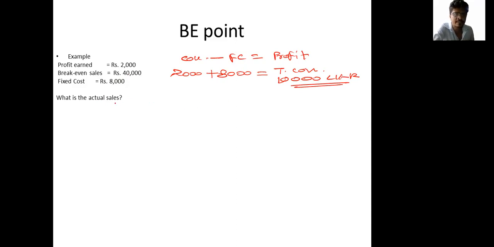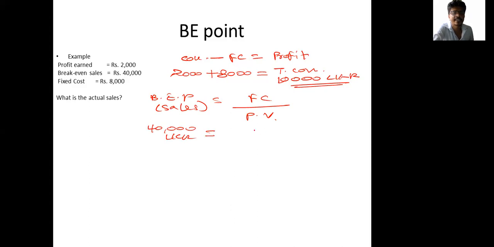Then we have been given the break-even sales. Break-even point sales equals fixed cost divided by PV ratio. Here break-even sales rupees 40,000 equals fixed cost 8,000 divided by PV ratio.